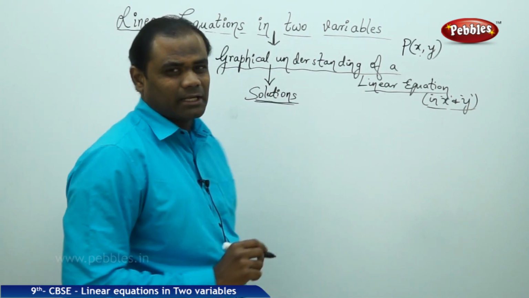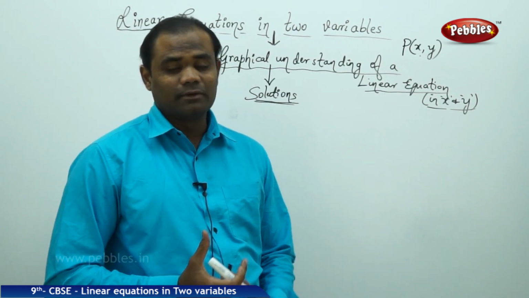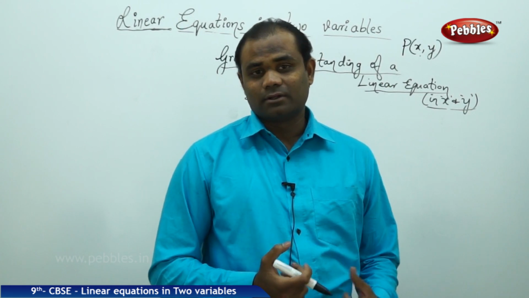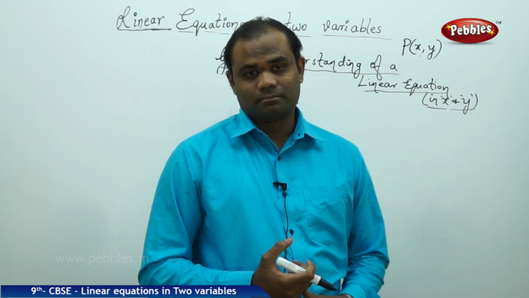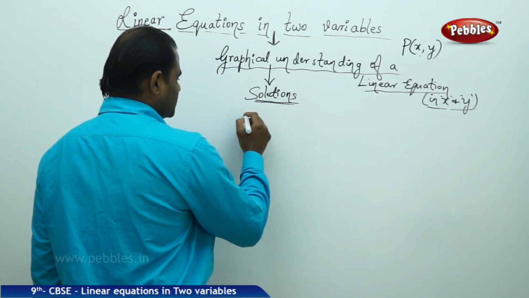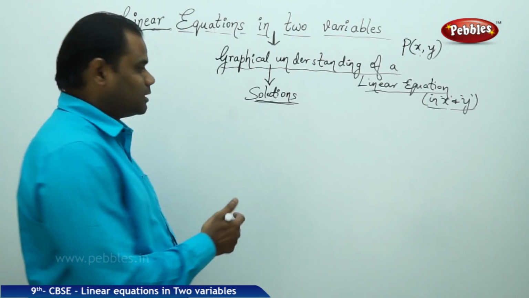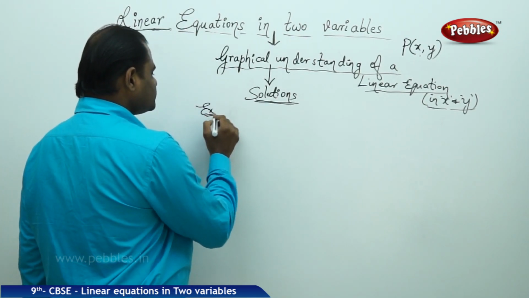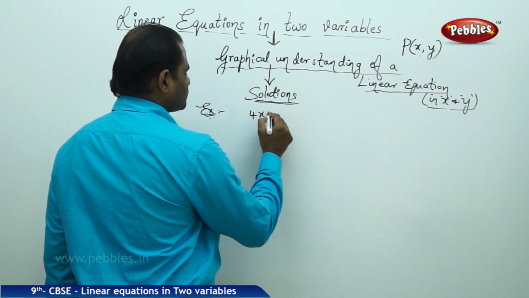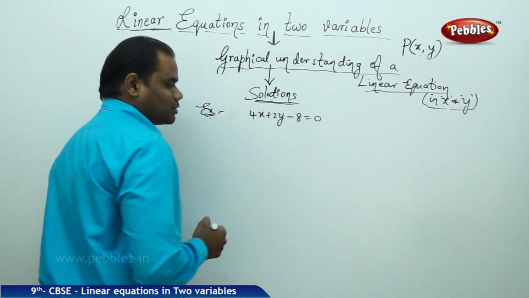As we have seen, the solutions are the values which satisfy the given linear equation. So let's see what values satisfy the given linear equation. Let's take the same problem as discussed in the previous session, that is the example problem, 4x plus 2y minus 8 equal to 0.